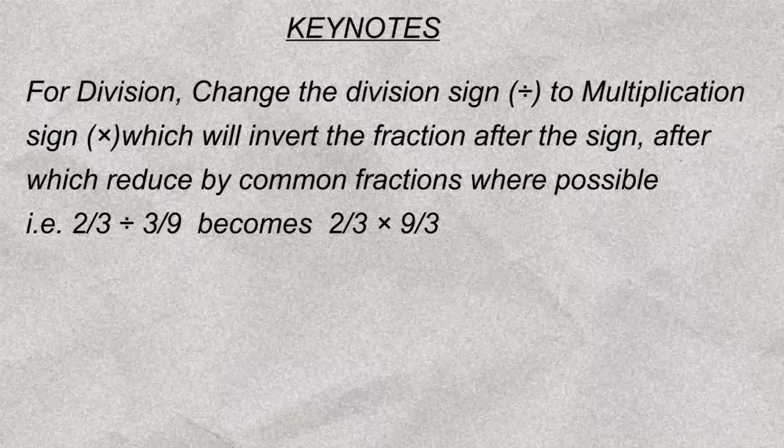The fraction 2/3 divided by 3/9, if you carry out the division, it will become 2/3 multiplied by 9/3. Now, do you notice that the 3/9 is now inverted to 9/3 because the division sign has changed to a multiplication sign.